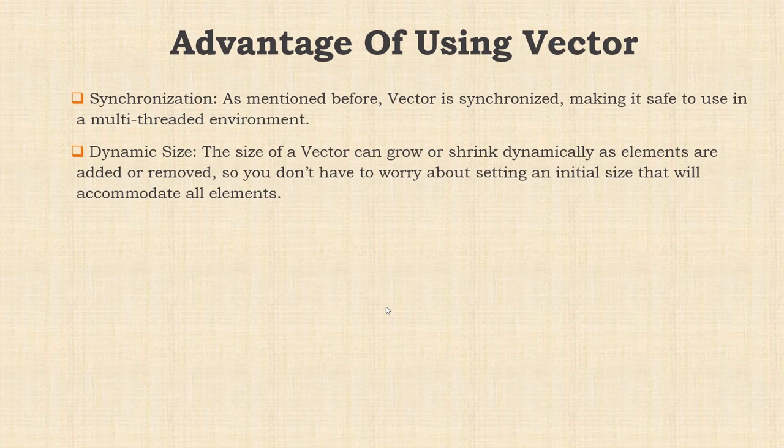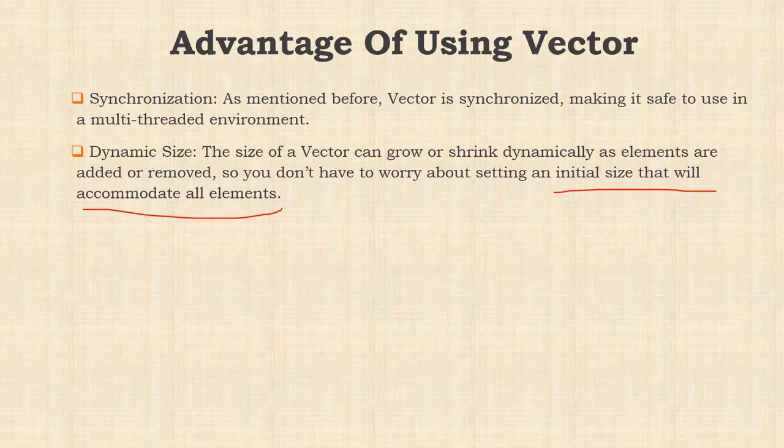You can add and remove, so you don't have to worry about setting an initial size. There is no need to provide the size at the time of declaring the Vector. Without a size also the Vector object will be created, and once it is full, then by its threshold the size will be increased. So dynamic size is also an advantage.